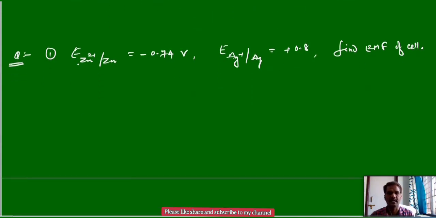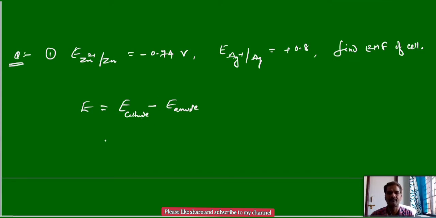Here zinc can act as an anode, and silver, whose reduction potential is more, can act as a cathode. Then EMF of the cell is equal to the electrode potential of cathode minus the electrode potential of anode, nothing but reduction potentials.